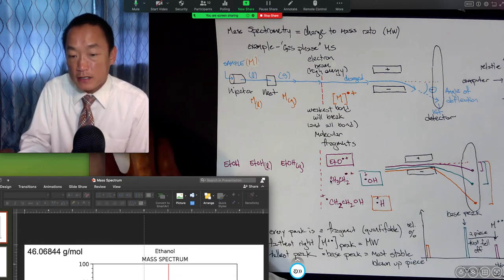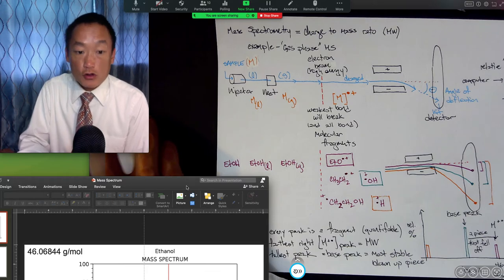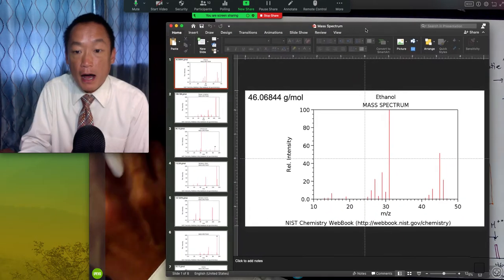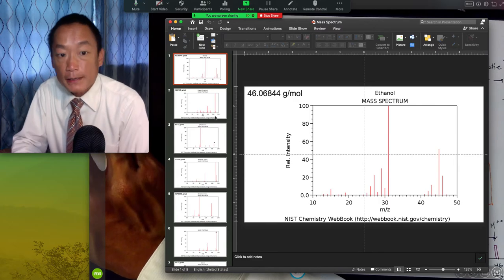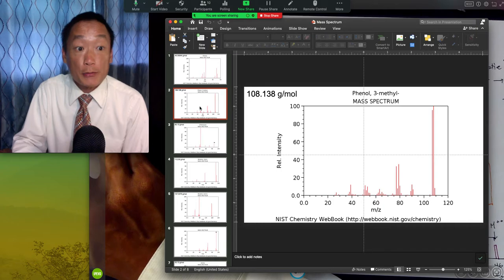So maybe some fragment here of this ethyl group, but not necessarily. You'd have to weigh up the different portions of this molecule to try and find what that most stable fragment could be. And we'll come back and look at that in more depth when we get back together tomorrow.